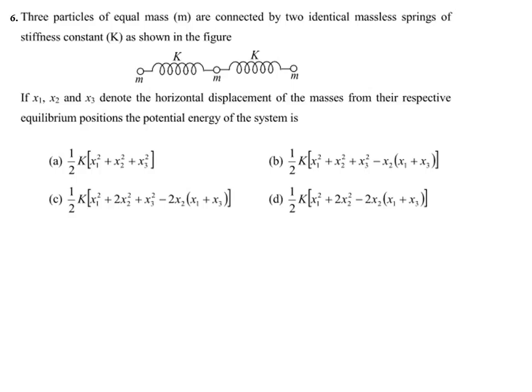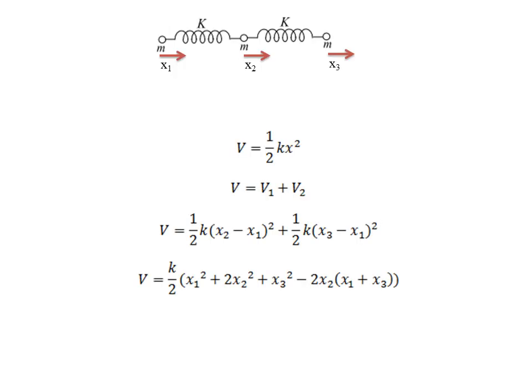Now question number 6. 3 particles of mass m are connected by 2 identical massless springs of stiffness constant k. If x1, x2, x3 are horizontal displacements of the masses from their equilibrium position, the potential energy of the system is. So let us consider x1, x2, x3 as the displacements of the 3 masses.